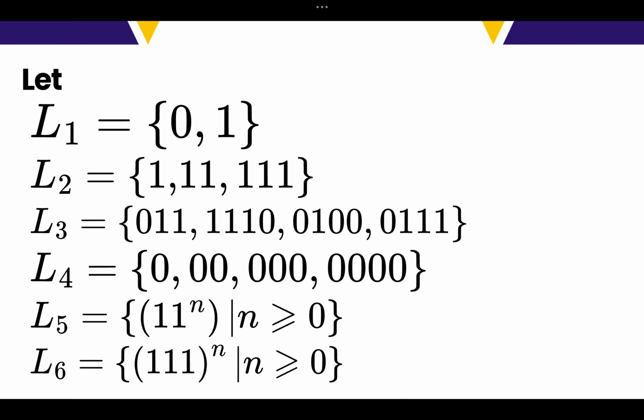Let our languages be L sub 1 is the set of 0 and 1 strings, L sub 2 is 1 1 1 1 1, L sub 3 is 0 1 1 1 1 0 0 1 0 0 and 0 1 1 1. For our L sub 4, we have 0, then 0 0, then 0 0 0, then 0 0 0 0.